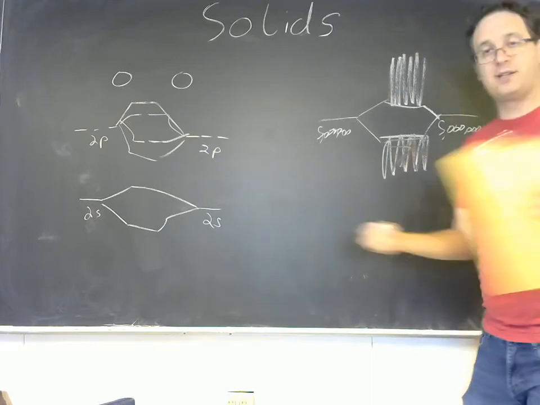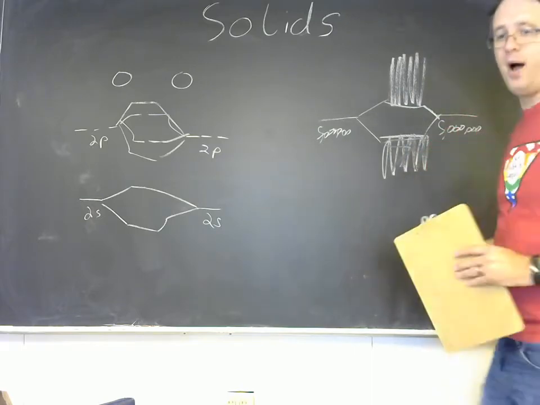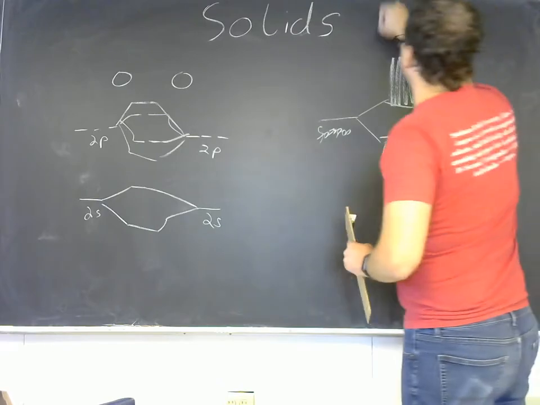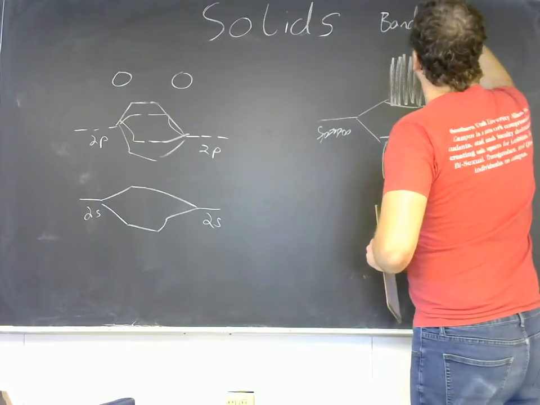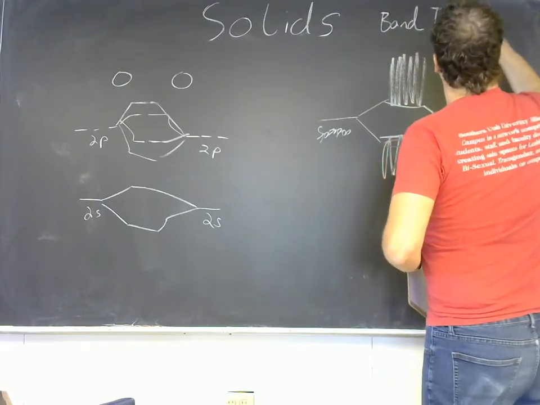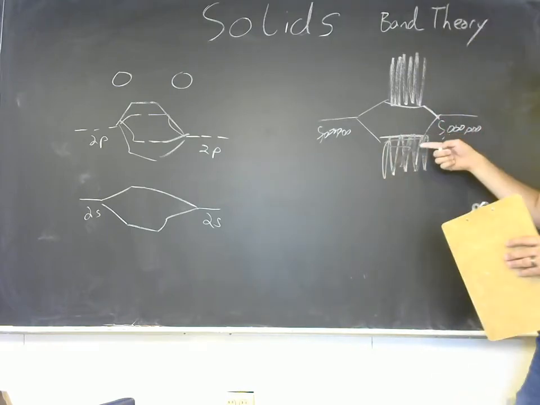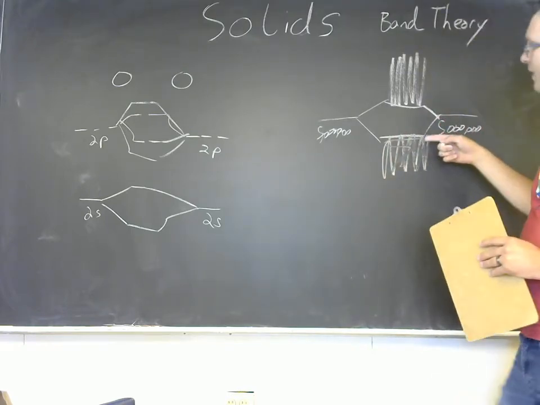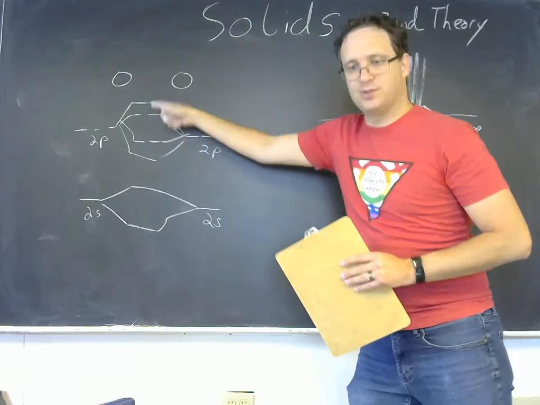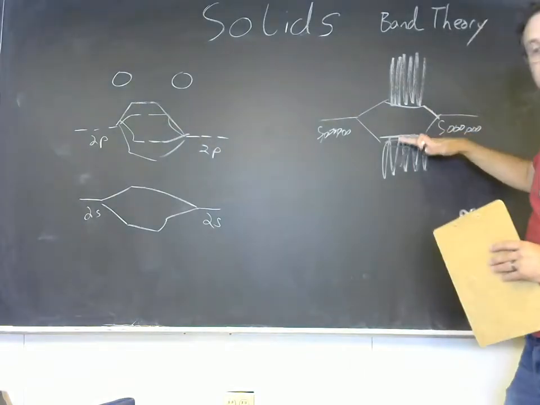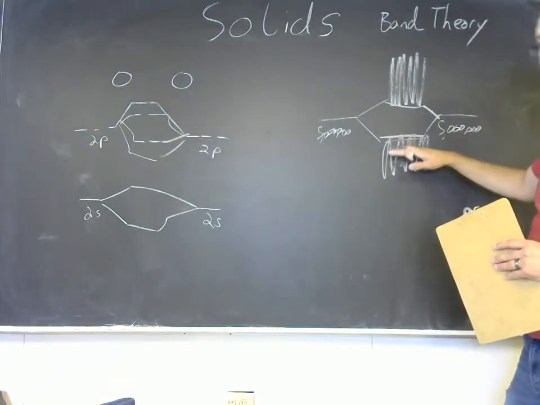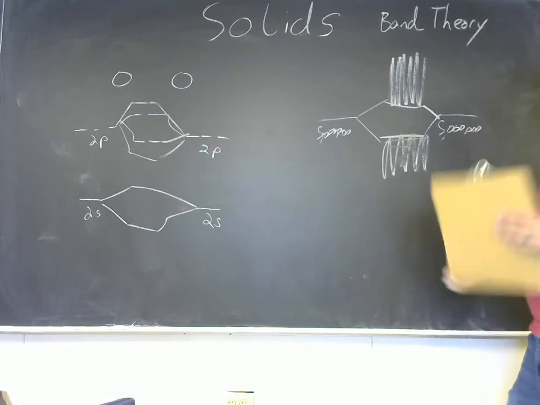Anyway, I don't mean to go into this in too much depth, but this is called band theory. Your energy levels go from being discrete energy levels to being energy bands, which have continuous energy levels across a certain range.